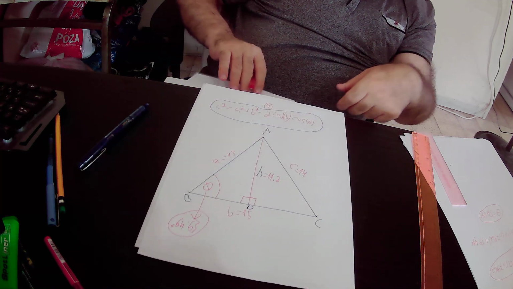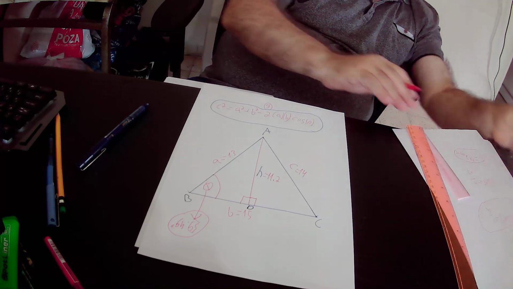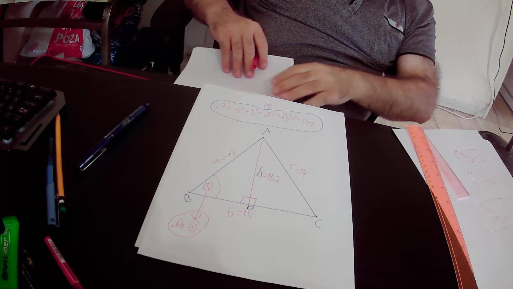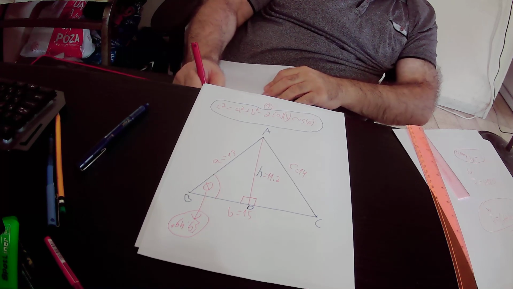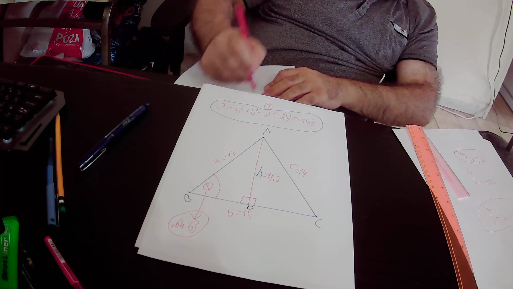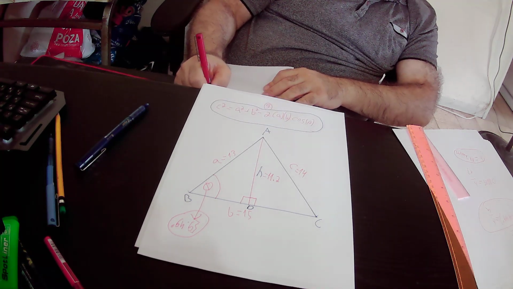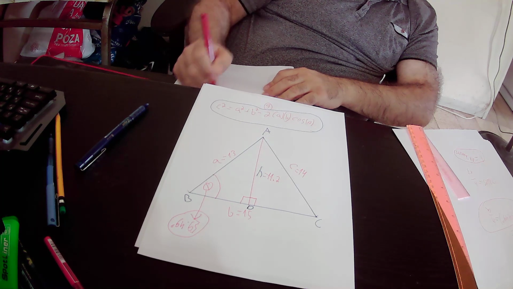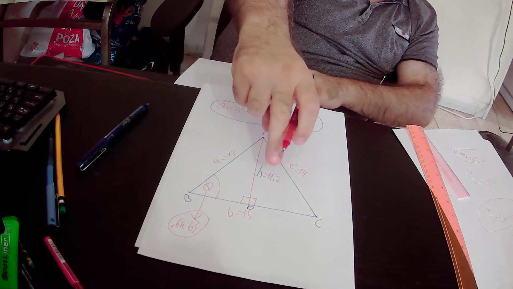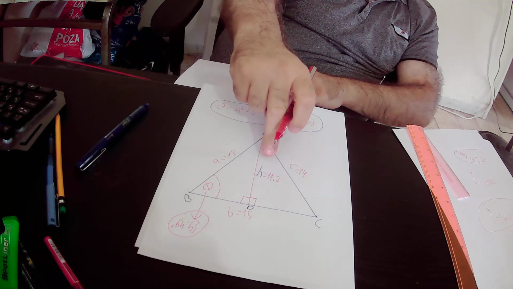And the formula for the area of any triangle is actually equal to the base of the triangle times the height to the base over 2. The height must create 90 degrees with the base, so the height is indeed h.